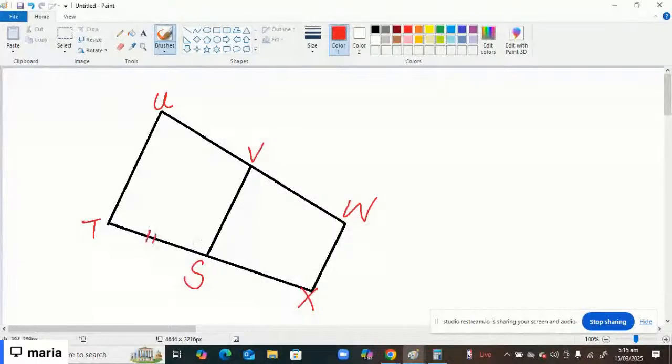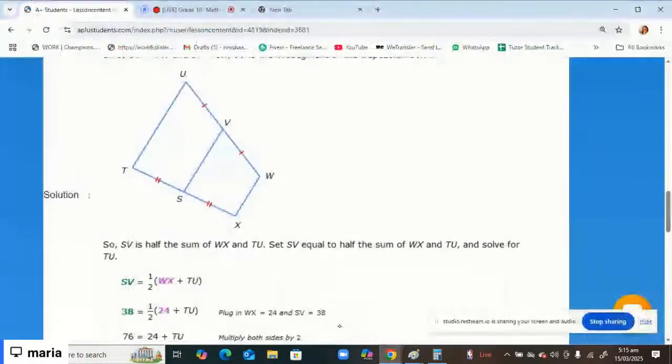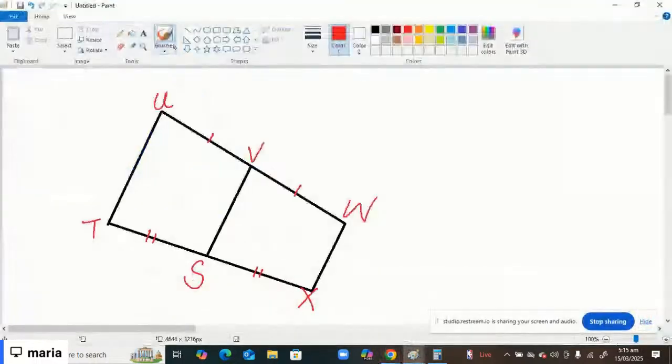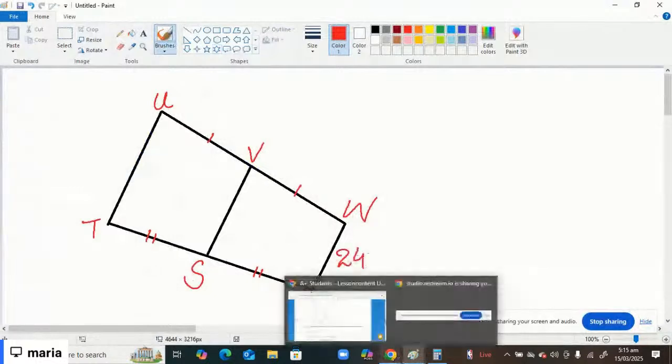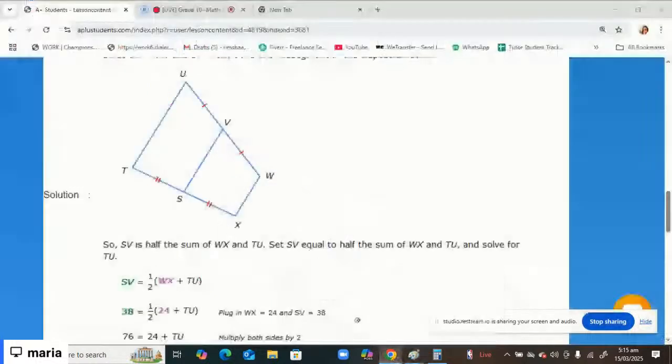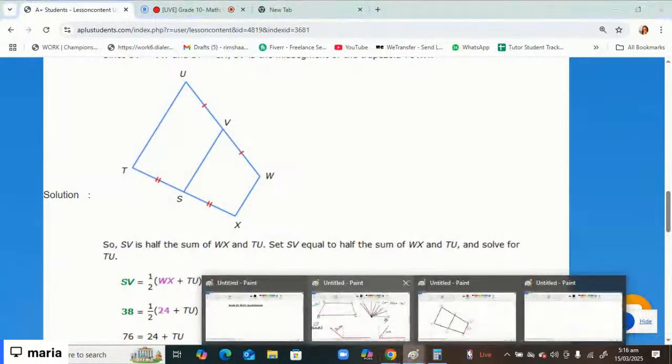They are saying that these two lines are equal and these two lines are equal. This WX is given in the question, which is 24. Now what is UT? TU is not given. VS is given, that is 38. This one is 38.